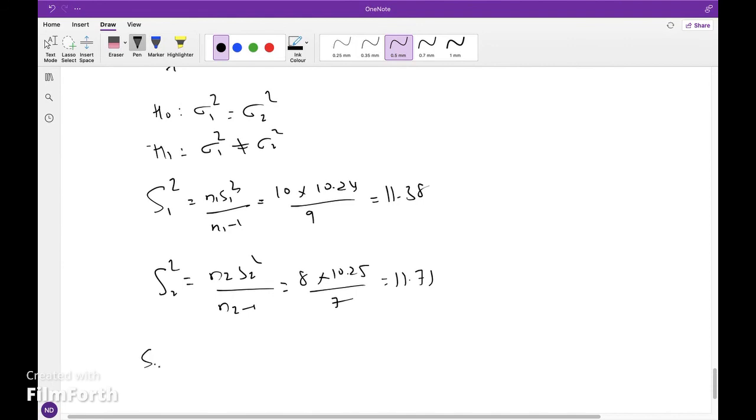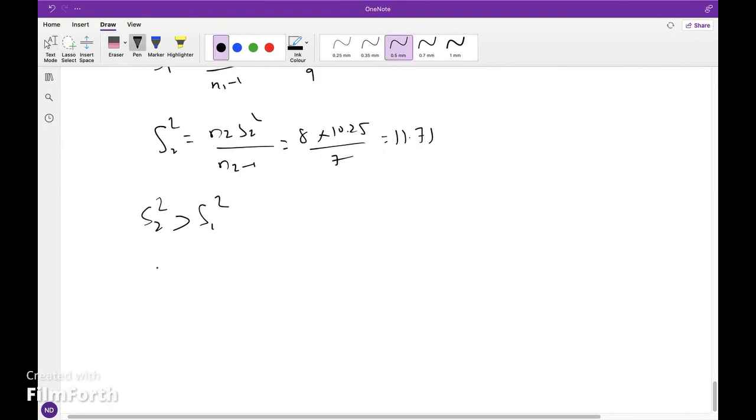So here S2 squared is greater than S1 squared. Therefore, the test statistic F is equal to S2 squared by S1 squared, and degrees of freedom n2 minus 1, comma, n1 minus 1.